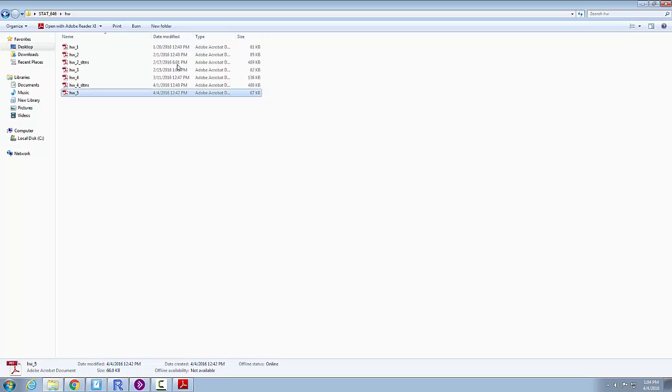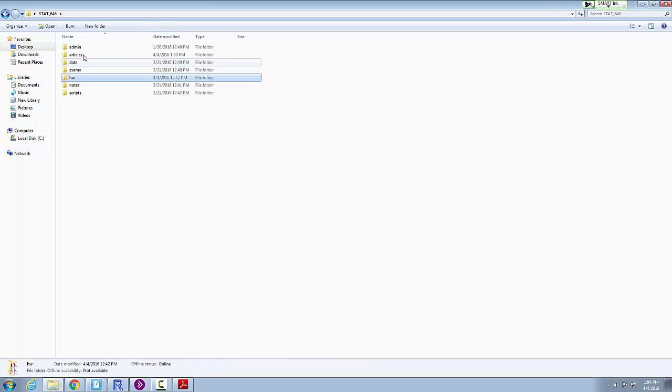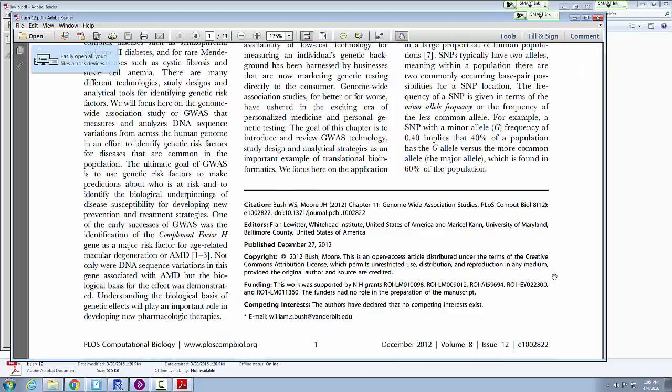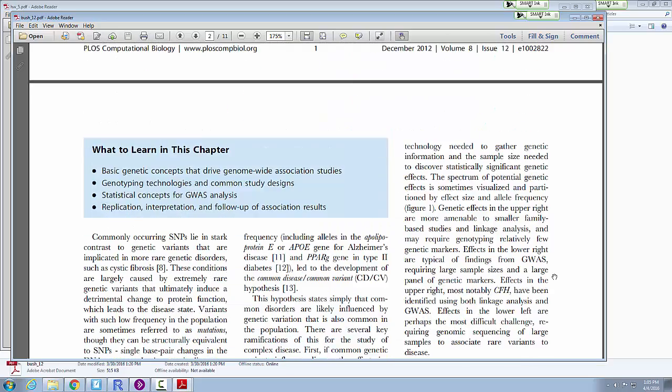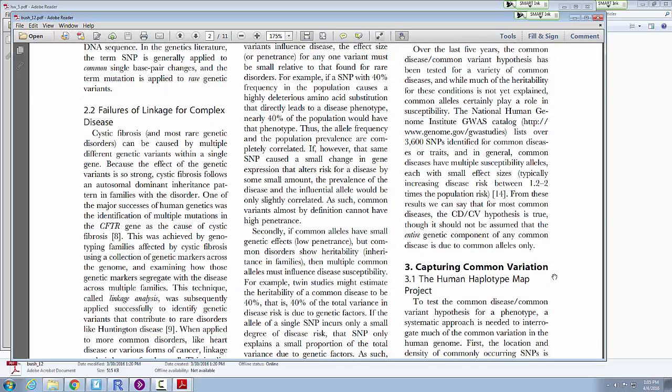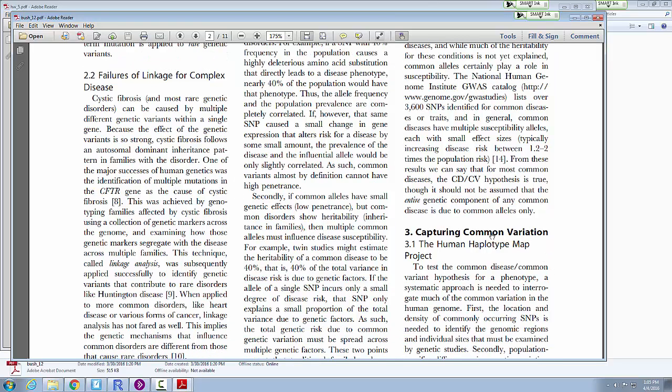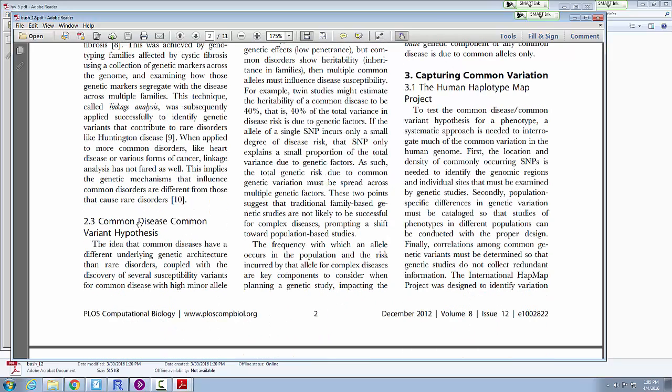All right, let's go back to the paper that we had been looking at that goes over genome-wide association studies. There are a couple of topics that I wanted to finish up with. So remember, GWAS is appropriate to common variation. So diseases that are common, that are thought to be driven by lots of small changes.